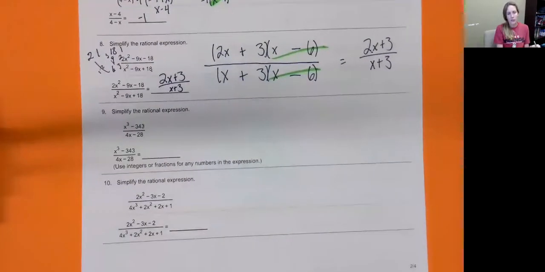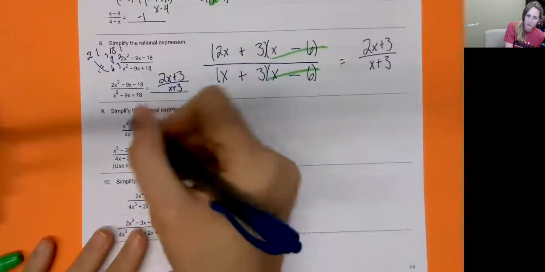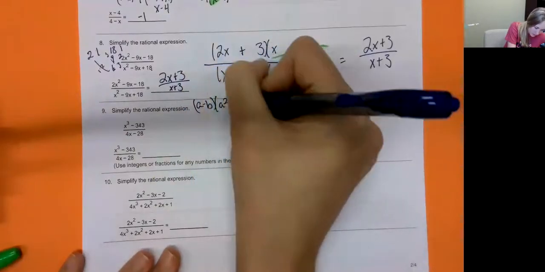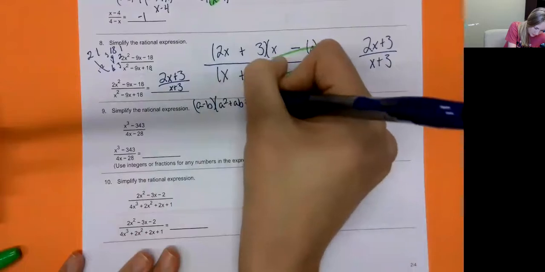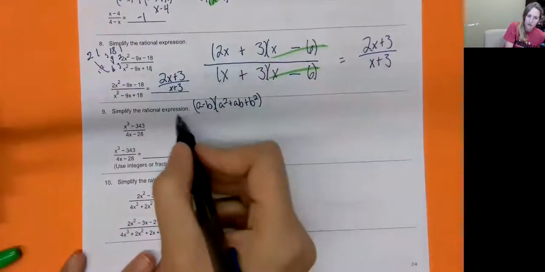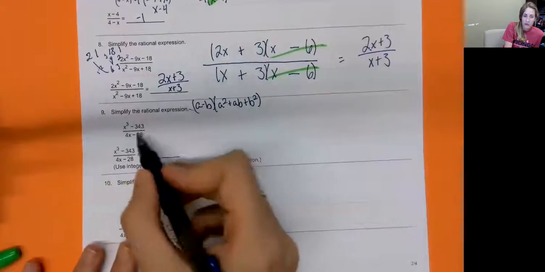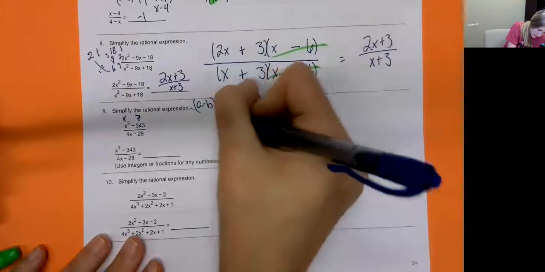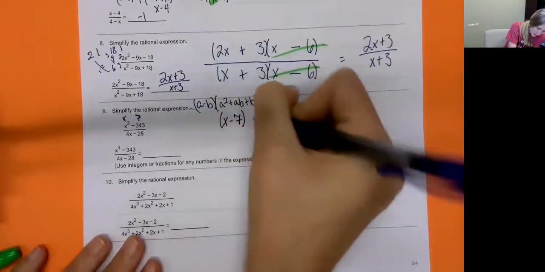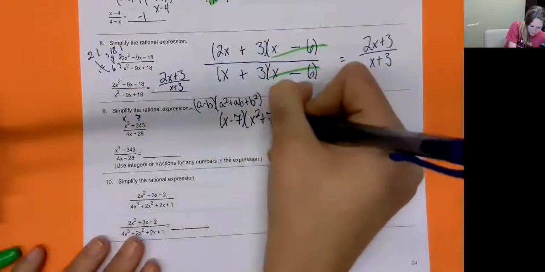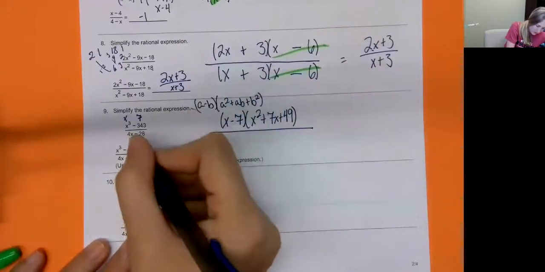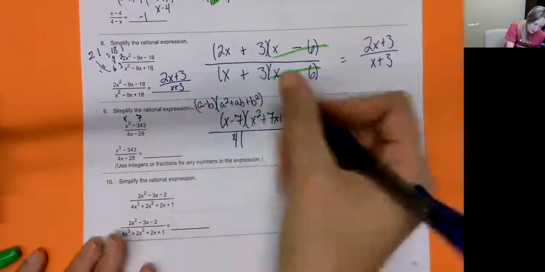All right, on this one, you have to remember that cube formula. So you have to know, and there's the paper that has this, but it's going to follow the formula a subtract b times a squared plus ab plus b squared. This is how you factor a cube. On this one, I'd have x and 7. So I'd have x subtract 7 times x squared plus 7x plus 49, all over, I can factor a 4 out here. 4 goes into 4x 1 time.